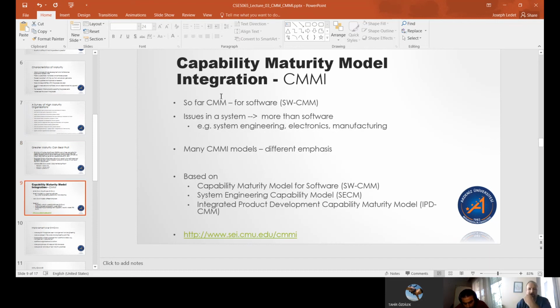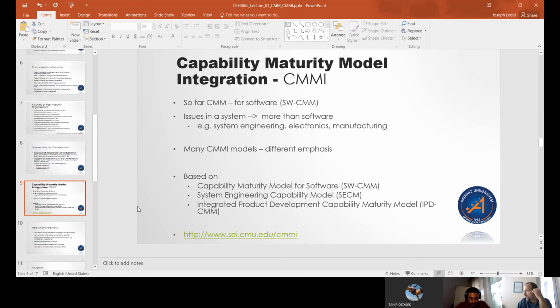So the CMMI is a kind of leveling system for understanding how we can assess the maturity of a software process in an organization.